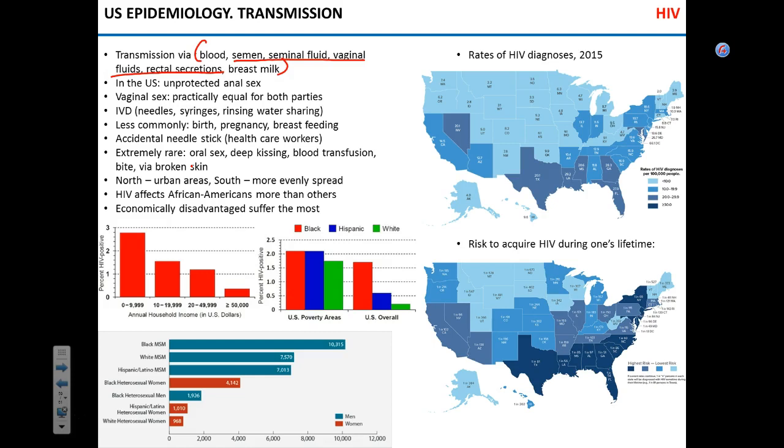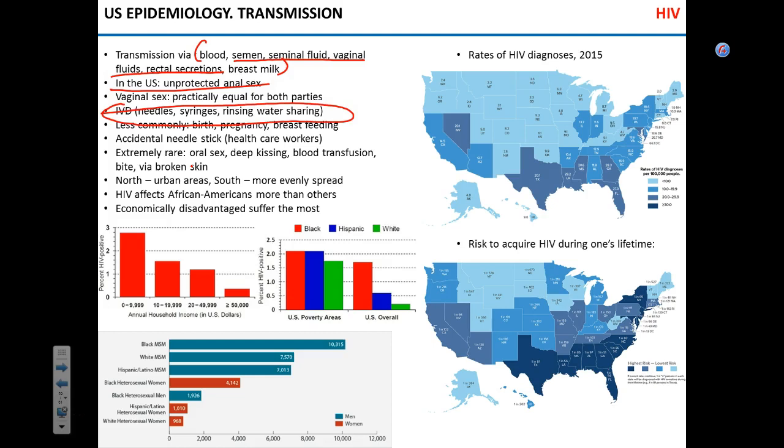That makes sense. Now, the main cause of transmission in the US is unprotected anal sex. Okay. Heterosexual contacts in the United States are secondary. Intravenous drugs.